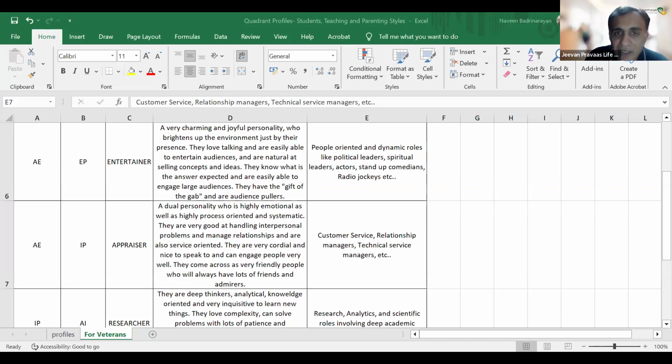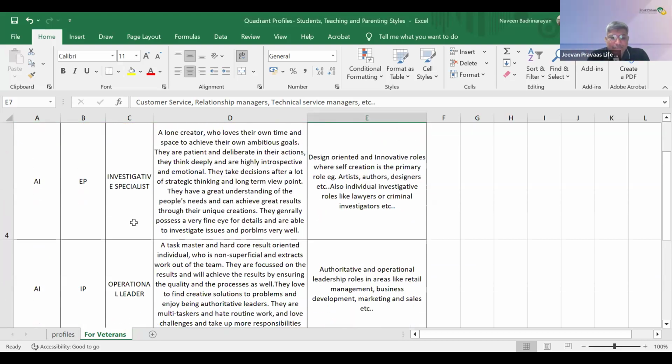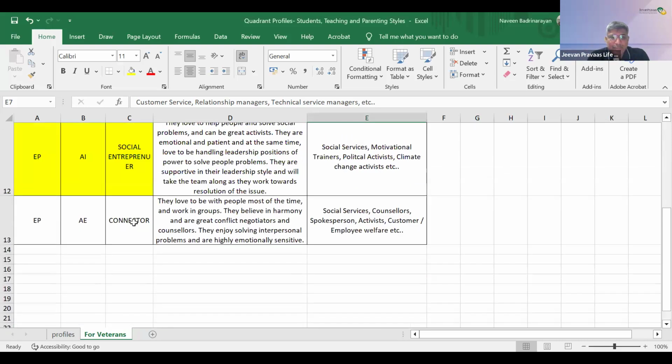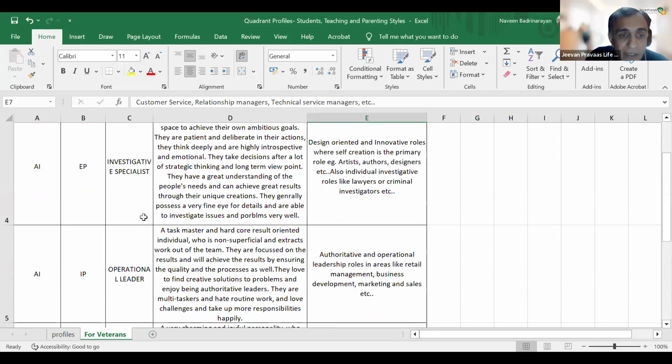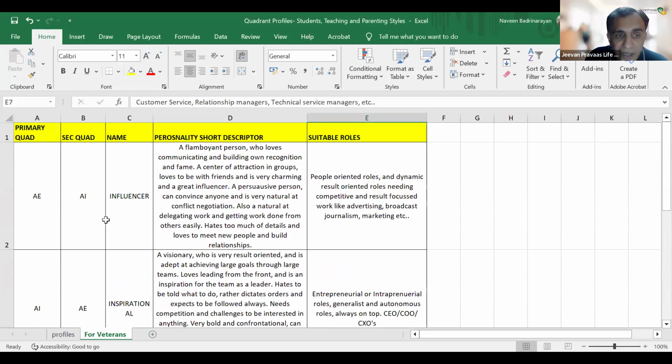So, okay. So I think influencer is your profile, and influencer happens to be a combination of AE and AI. AE is primary, AI is secondary.